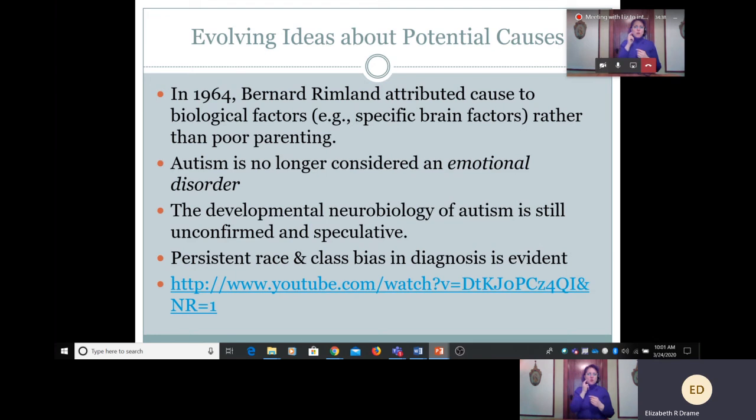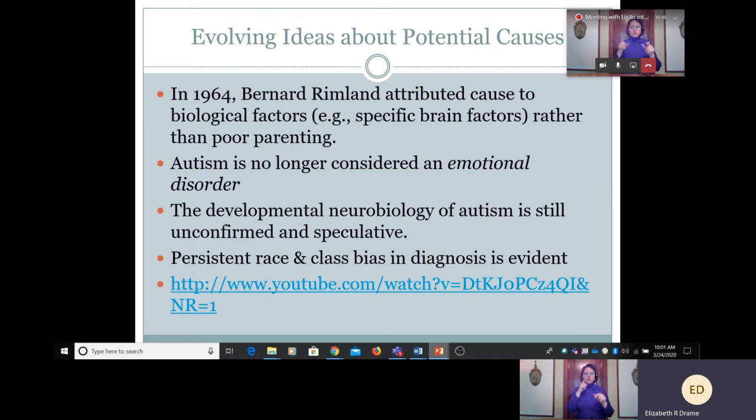There are what we call functional MRI studies that look at the brains of people who have been diagnosed with autism and the brains of neurotypical folks. And they examine the brains while they're doing different activities to see if there's different aspects of the brain that are engaged. There have been studies that have found different parts of the brain are engaged in people with autism versus people without.